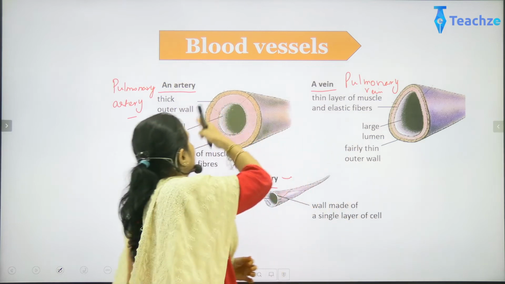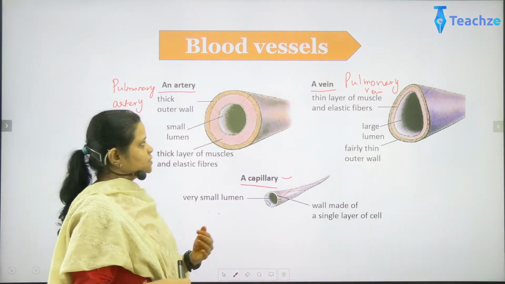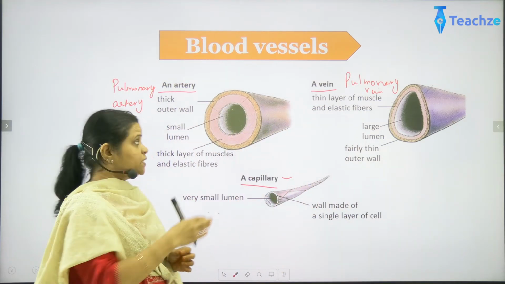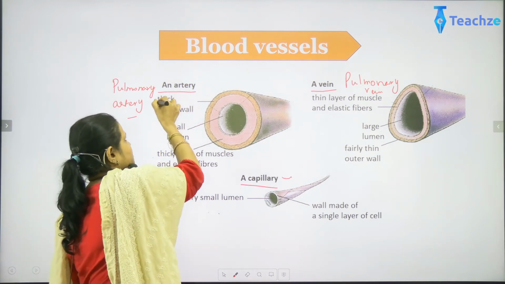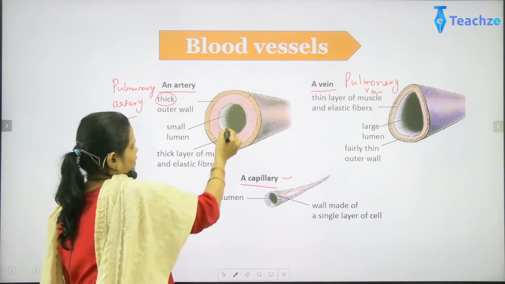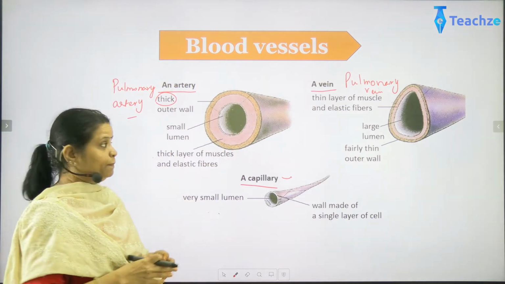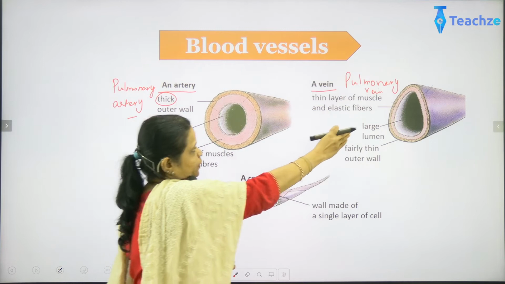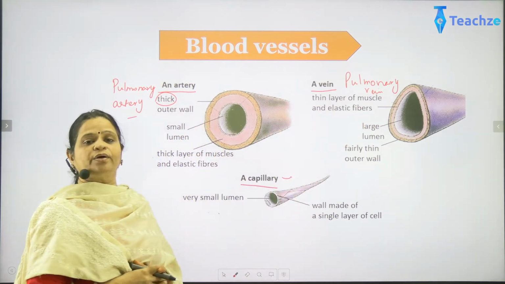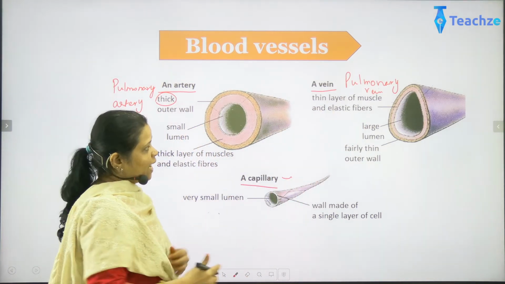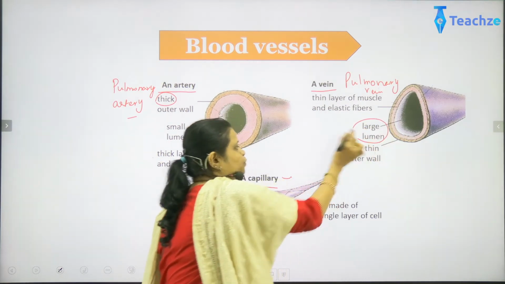Now coming to the differences between arteries, veins and capillaries. On the screen you can see the artery is generally thick and the lumen, the space inside, is very, very small compared to that of a vein. And the vein has a thin muscle and a lot of elastic fibers, but it has a very large lumen.